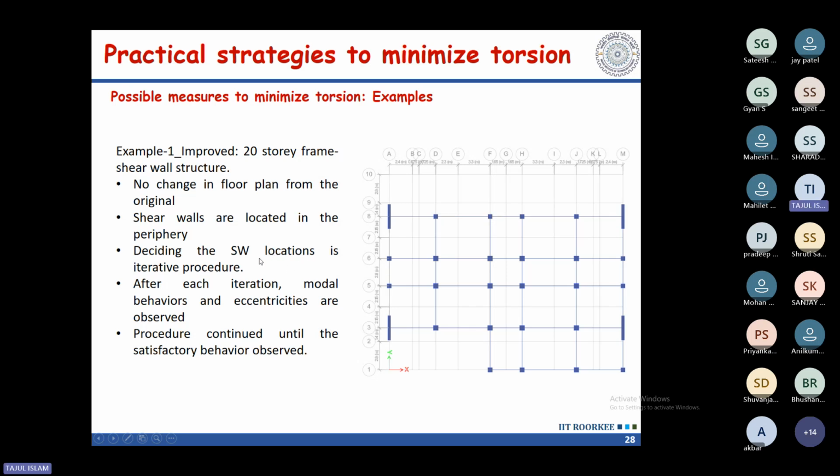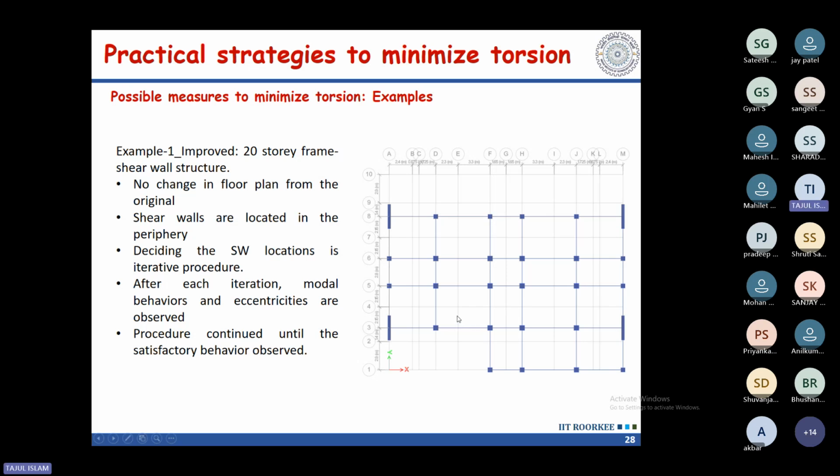When you are locating shear walls, what know-how do you have, where do you have to look? The know-how we learned in the previous slide is to place them as far away from the center as possible. The same concept I have applied.